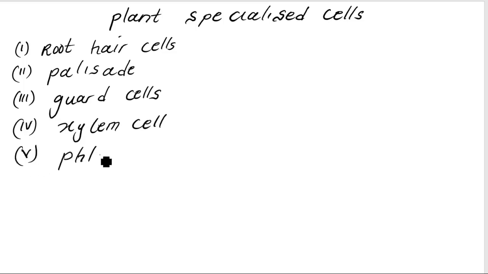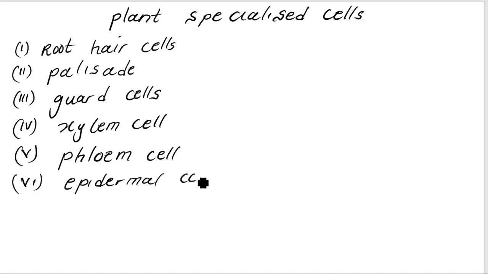We also have phloem cells. We also have epidermal cells. So we have root hairs, palisade cells, guard cells, xylem cells, phloem cells, epidermal cells, and many other plant specialized cells.